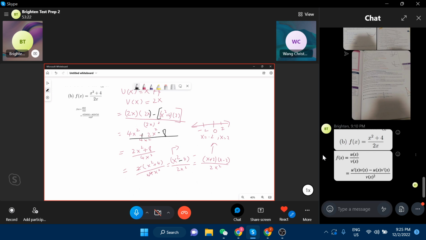Because it will become minus there. Oh, what about 6? It's 6x squared, and then, let me see, because it's plus. Oh yeah, right.